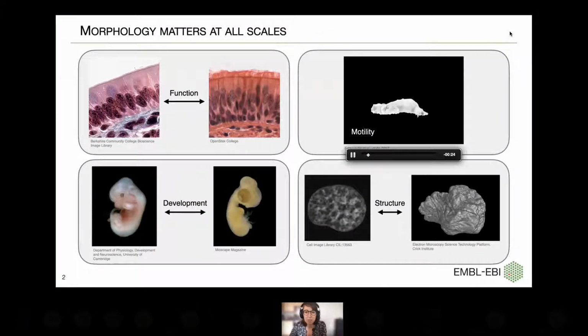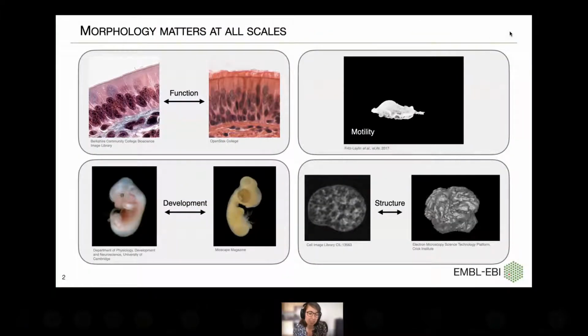So my group at the European Bioinformatics Institute in Cambridge in the UK is interested in the problem of quantifying morphology or shape from biological images, from microscopy images. And we are interested in this problem not in just one type of microscopy image, but really in every single possible type of microscopy image.